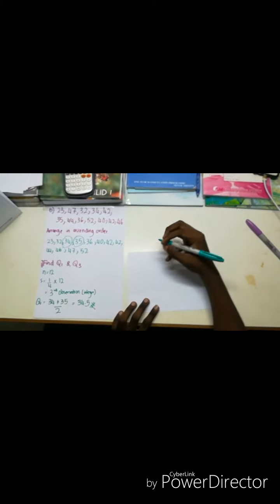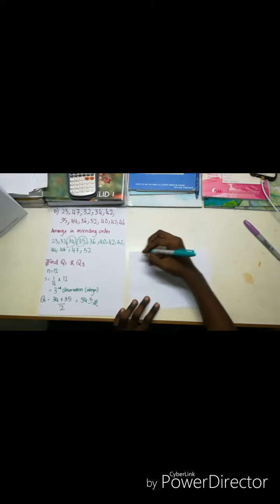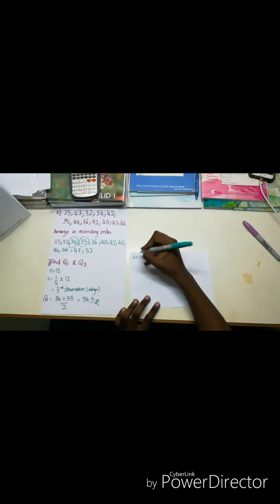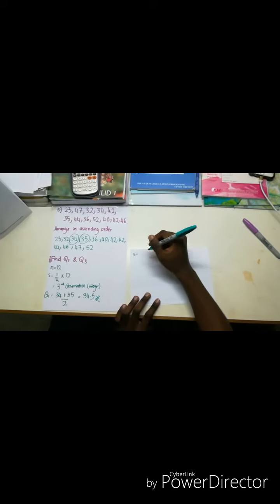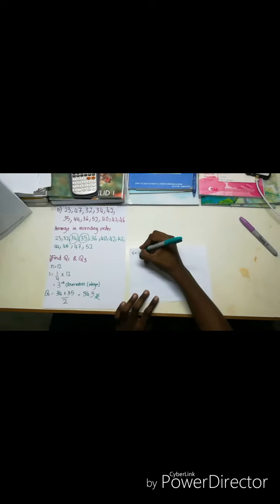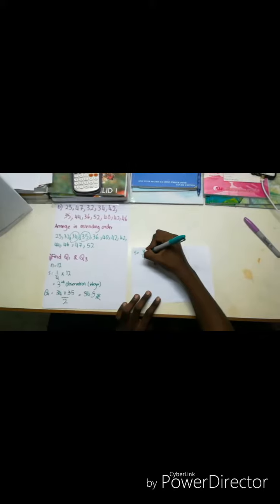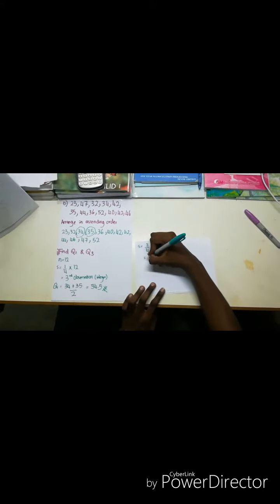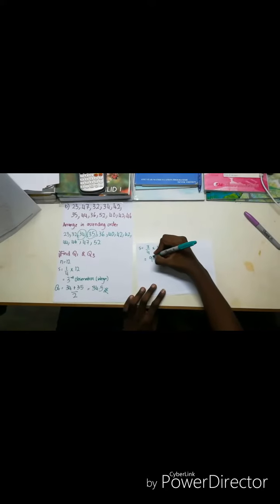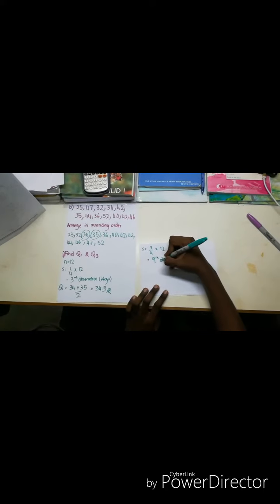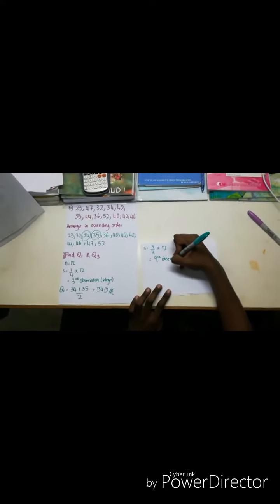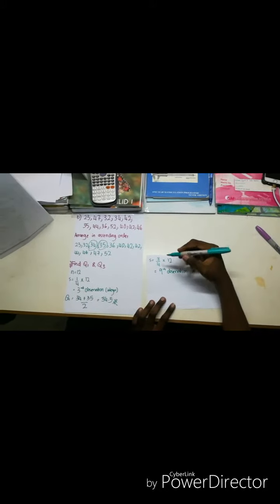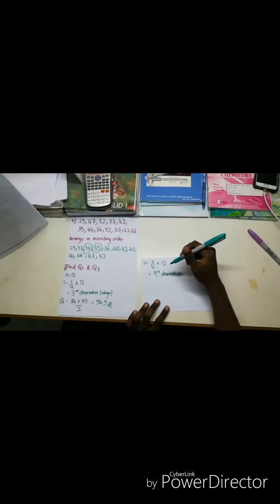Okay, now we go for the third quartile. Just like before, the third quartile is 3 over 4 of the total number of data. So 3 over 4 multiplied by the total number of data, which is 12, and we get 9. The 9th observation. Remember, I said before, we cannot directly take the 9th observation as the answer.